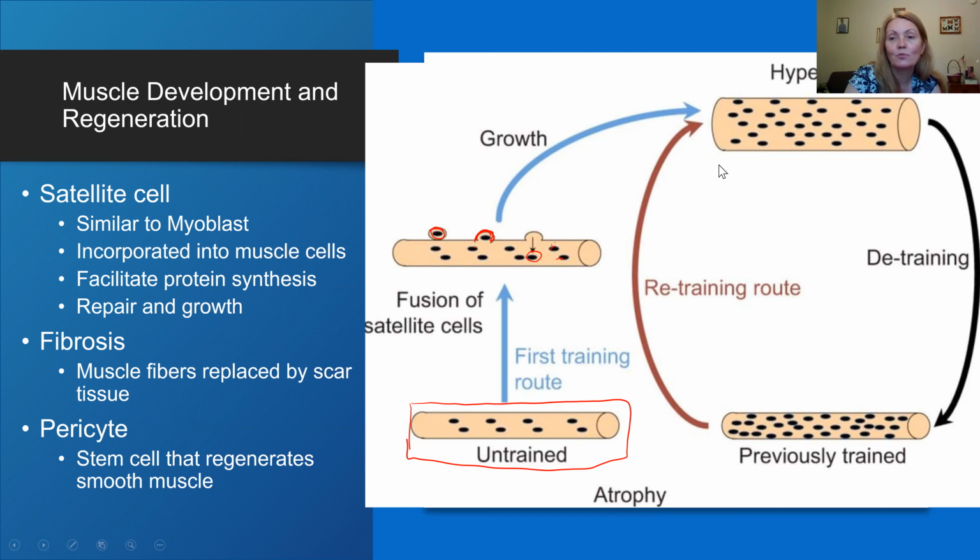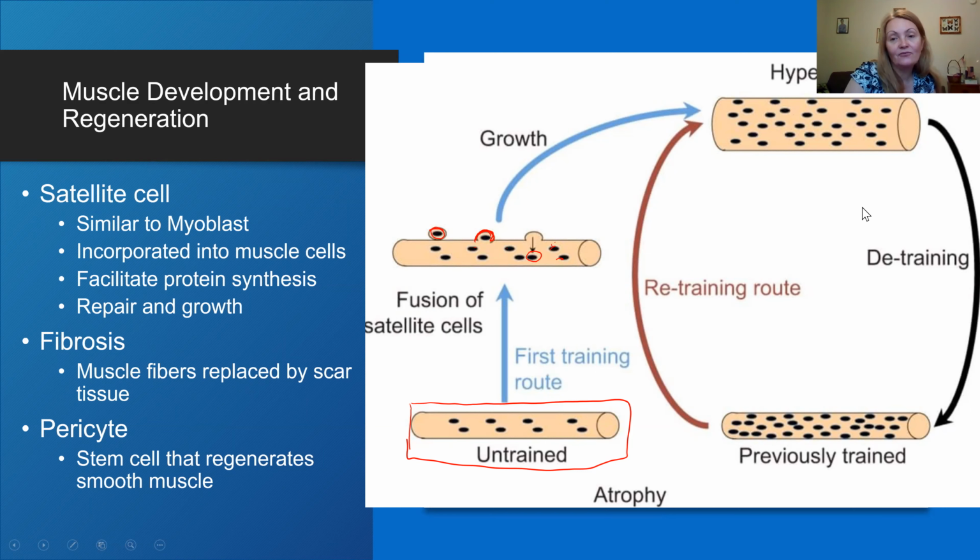And when you synthesize more proteins, the cell itself became bigger. It's the same cell. It didn't divide, but it goes through hypertrophy. So the cell increases in volume and size.